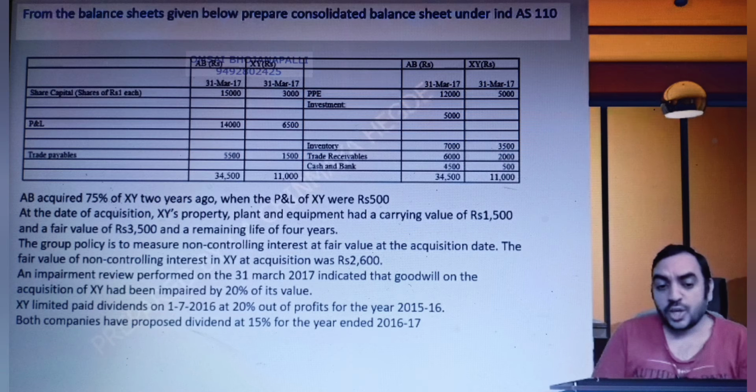Okay, and for year 15-16, subsidiary company has earned profit, post-acquisition profits. So net assets like cash, bank, debtors like that.